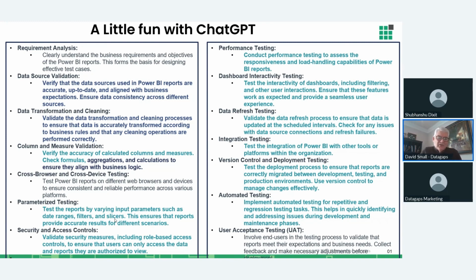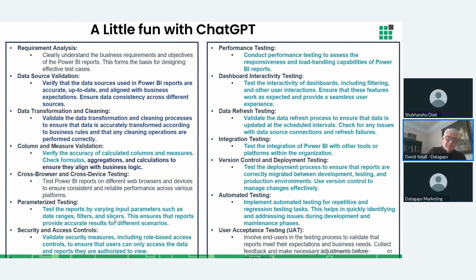Security access and control, data refresh, integration testing. So being able to test BI Validator from your DevOps environment and use GitHub and Jenkins and a variety of other tools to be able to drive and use that as part of the testing process.